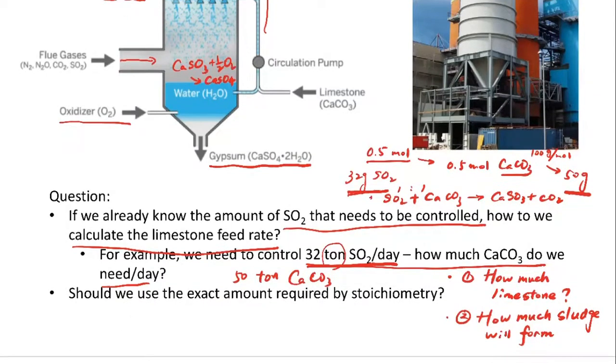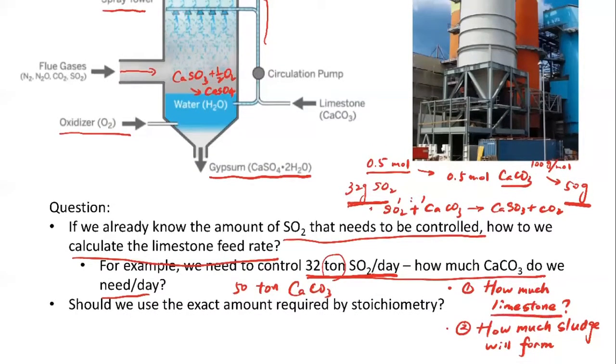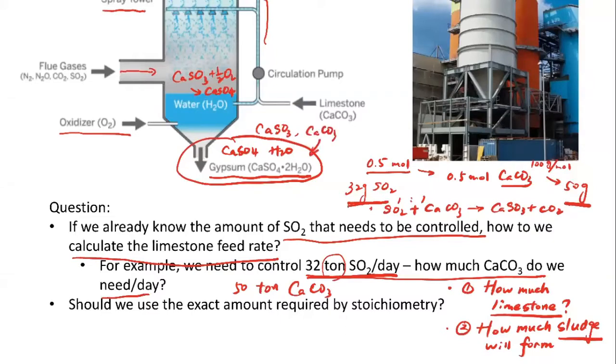So here the limestone is a raw material or the reactant. The sludge is basically what forms at the bottom of this reactor, right? So it's going to be composed of water, going to be composed of calcium sulfate, right? And then of course the reaction is generally not complete. So there is still going to be some calcium sulfite remaining, or the calcium carbonate, right? So the sludge is going to be a mixture of all of these chemicals, okay?